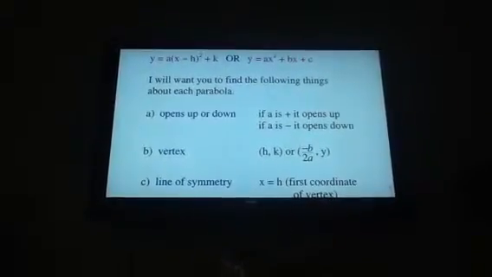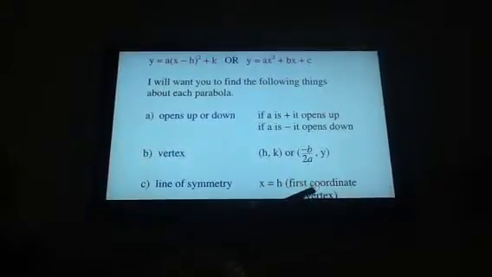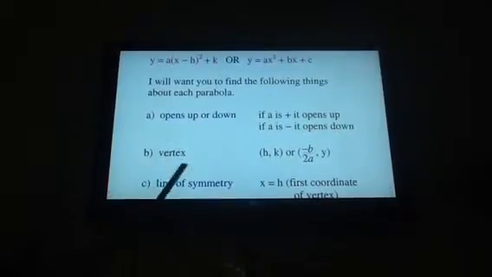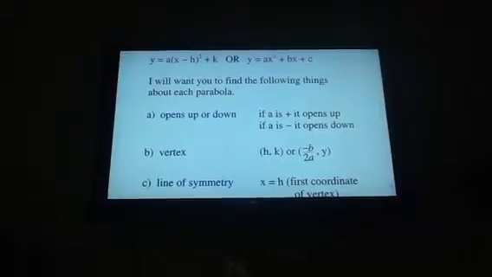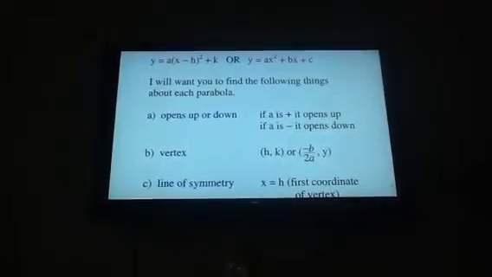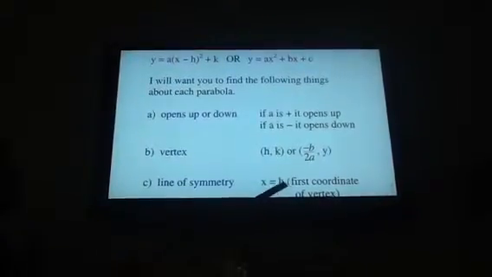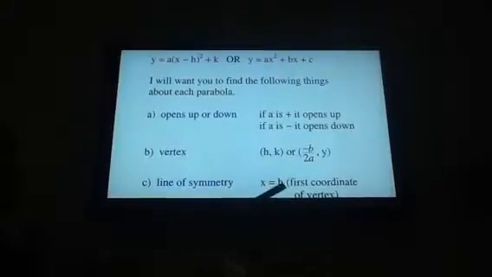It's going to equal the h value, or the first coordinate of the vertex. So you're going to use the vertex when you calculate or find it, and that's going to help you in your next 2 things you're going to find. If the line of symmetry passes through the vertex, x equals whatever this first number is, that's what goes there too.